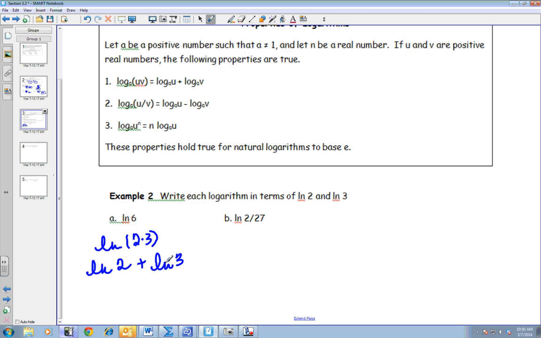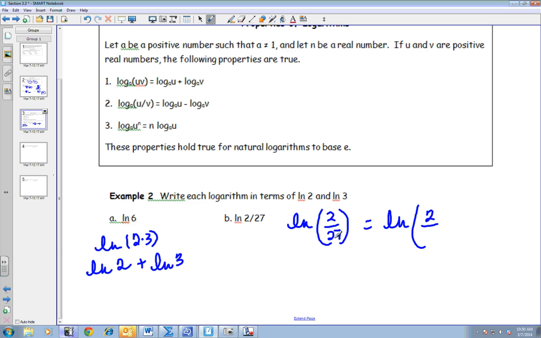Okay? Now, 2 over 27. So first of all, this is natural log of 2 over 27. That's what that is. All right? Well, I can only use the numbers 2 and 3 to write this. Well, my 2 is okay, so that's going to be natural log of 2.